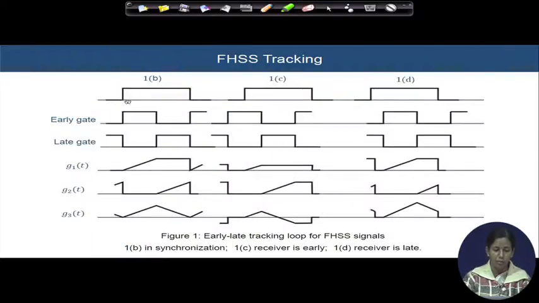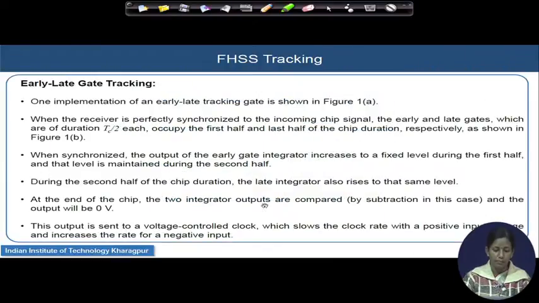For example, if this is the total duration of a chip, the early gate will be generating with the perfect synchronization point, a chip for half of the period, and the late gate will be generating another chip for the next half of the period. Clear? So, given that it is Tc, Tc by 2 is taken care of by the early gate and the late gate.